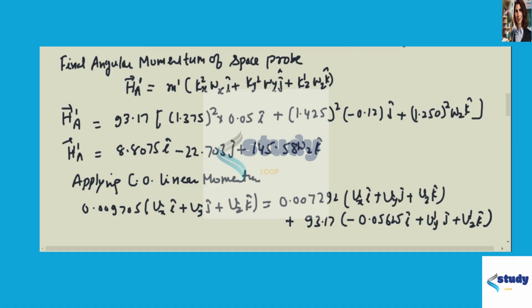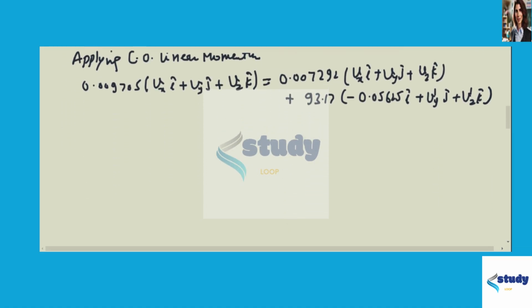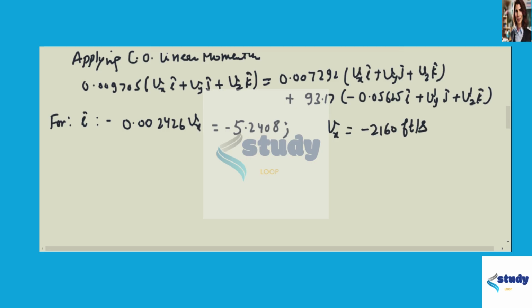By solving the above equation, we can find Vx. For coefficient of i, we can write 0.002426 Vx minus 5.2408. So Vx from here you will get minus 2160 feet per second.